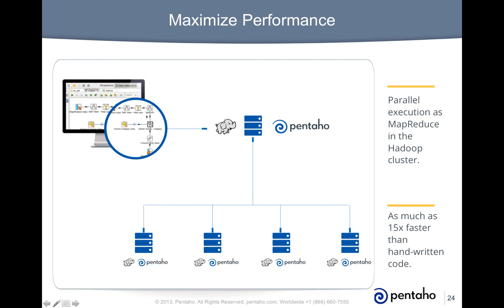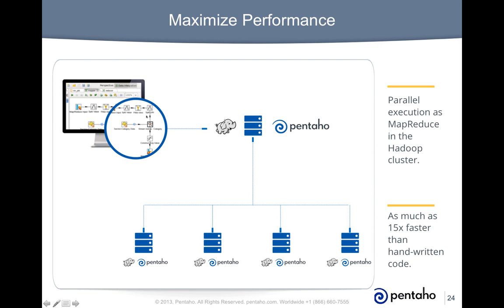The whole idea with leveraging Hadoop is that Hadoop is a distributed processing and storage framework. The whole idea is that you make Hadoop do the hard work. So we don't do installations on every node in the cluster. We don't generate MapReduce code and then get that distributed.